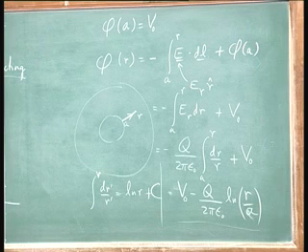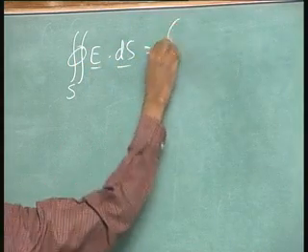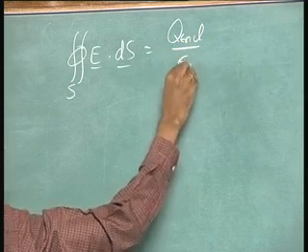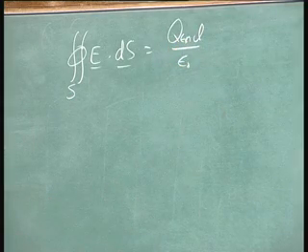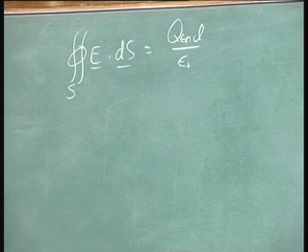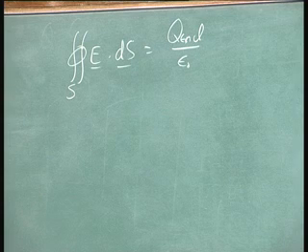So, let me review what we have done up to now. We have surface integral E dot ds equals q enclosed over epsilon naught. This is Gauss's law, and we applied it to coaxial cylinders as well as to within a metal, and we came up with solutions for electric field.